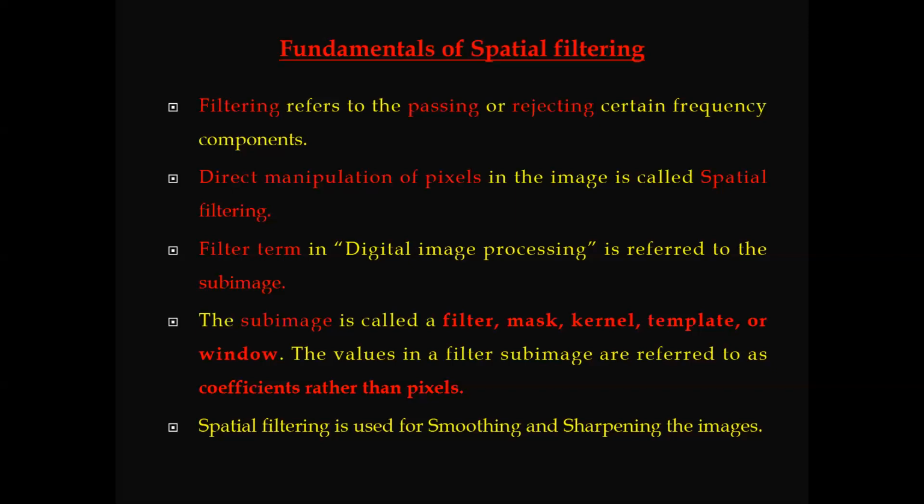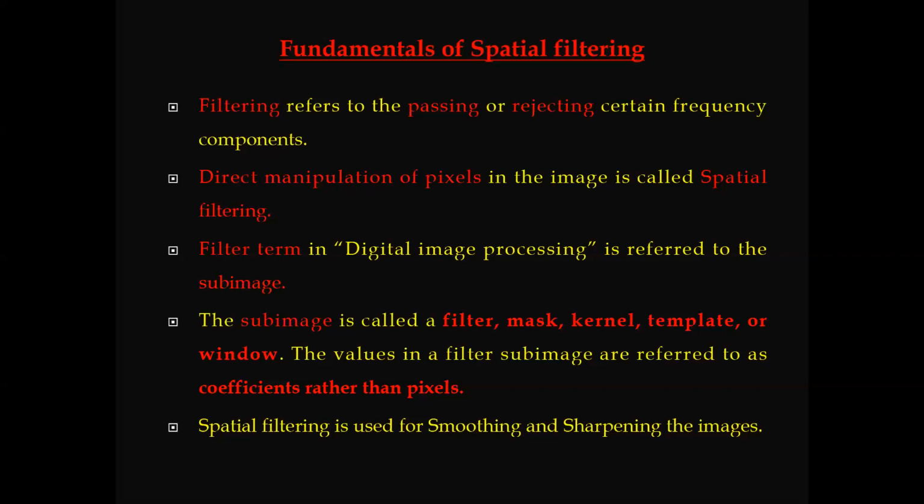We prepare this filter from the components of the image itself, and we will call it a sub-image. A filter is also called a mask, kernel, template, or window. Most of the time we will use the terms kernel and window.